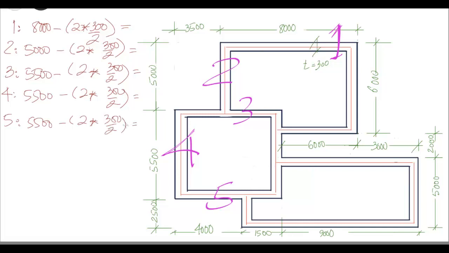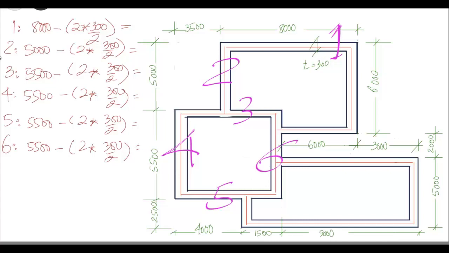Now this part, which we call 6, is the same as 4. So piece number 6 is the same as 4, which is this one. Again, it is 5,500 minus 2 multiplied by 300 divided by 2 is equal to.